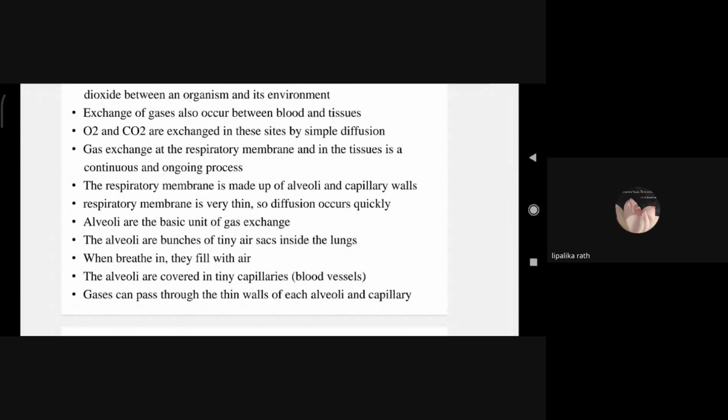A very popular example is raisins, kismis. When we put raisins in water, they get swelled up, right? So why do they get swelled up? Because the high concentration of sugar inside the kismis gets balanced with the outer water in which those raisins are put.